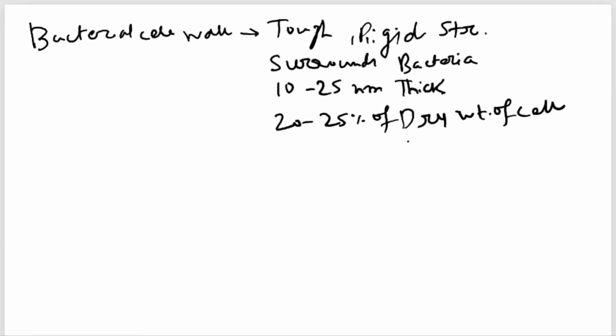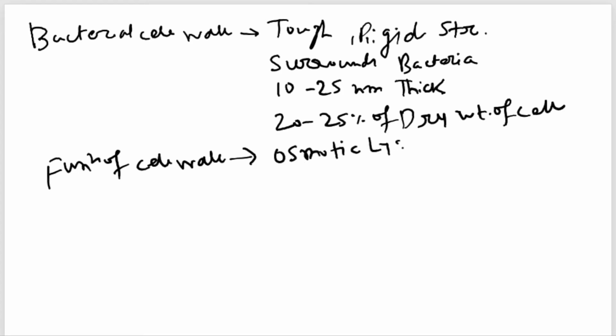Now we will understand the basic thing, what is the function of cell wall. So we will understand in terms of the headlines. First, the bacterial cell wall has a very important role to protect the bacteria against osmotic lysis.